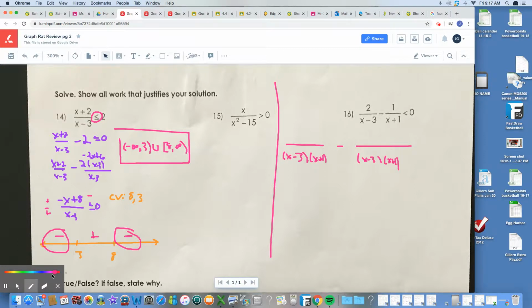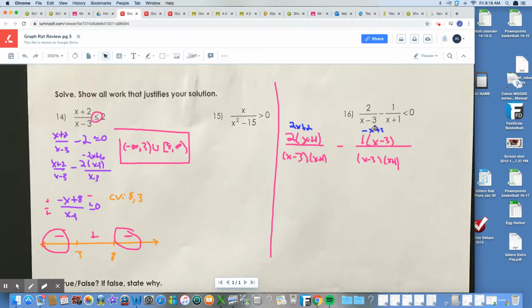So we have 2 times, well, we had x minus 3, so we had to multiply that by x plus 1. And 1 times x minus 3. So just so we don't have to rewrite all this, I'm just going to multiply them here. So it's 2x plus 2. This is negative x plus 3, because I just made this a negative 1.